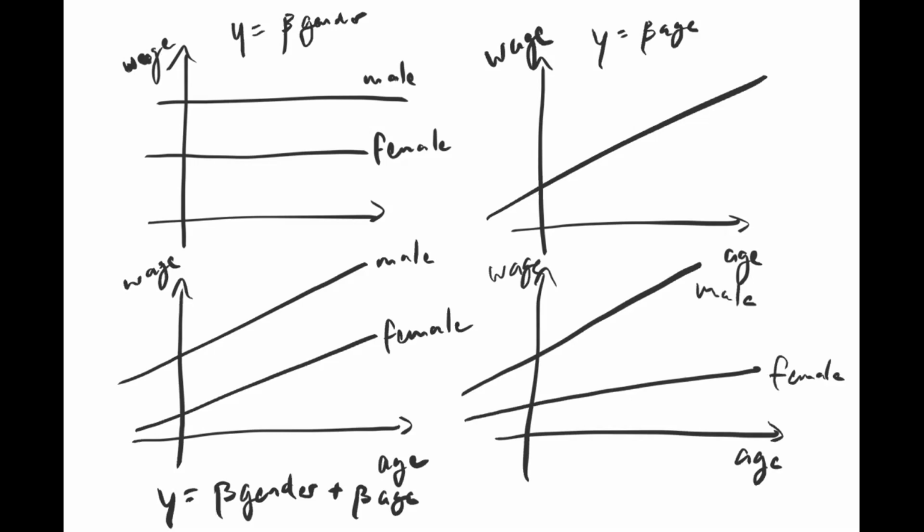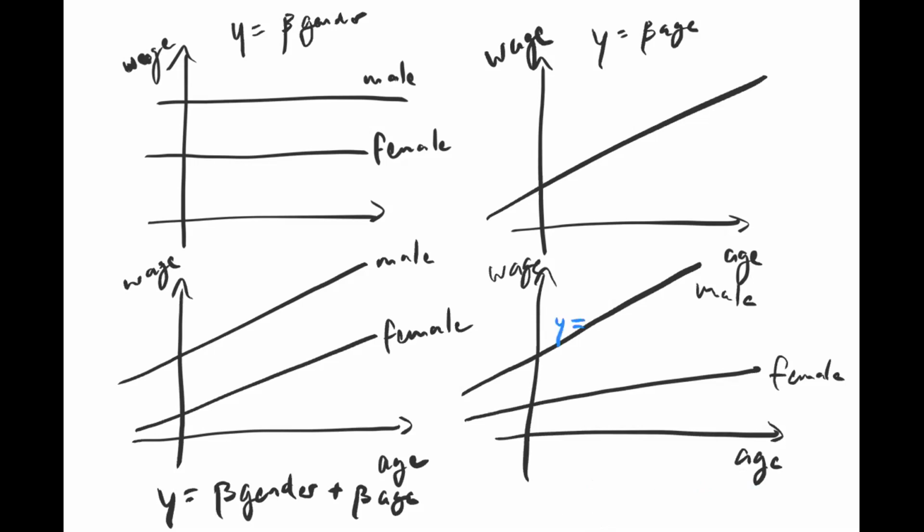And so now we basically have our 4 examples here. And we've looked at the first 3, and the last one would be something like y is equal to beta gender plus beta age plus beta, oh, okay, I'm running out of room here. I'll write it above in a different color so I can just overlap.